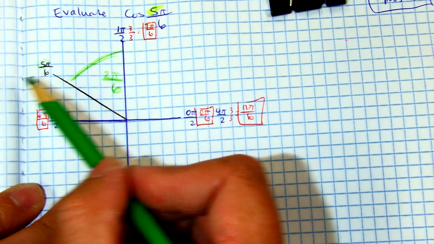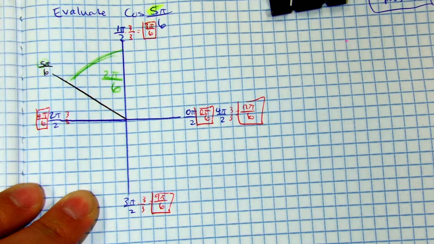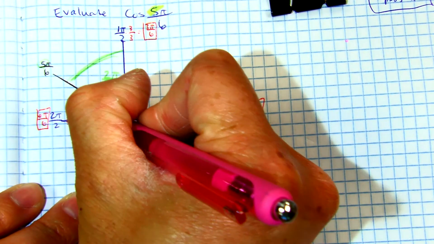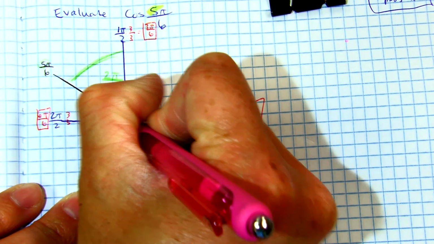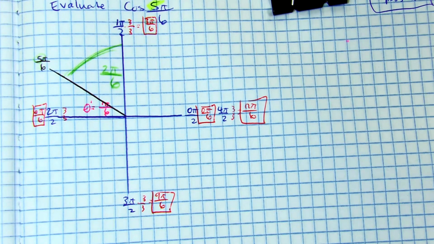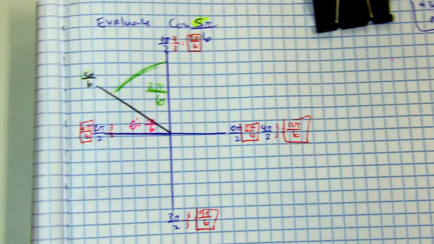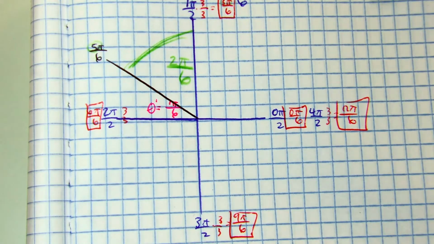Well, what's the distance from 5 to 6? It's just 1π over 6. The reference angle, theta prime, equals 1π over 6. Raise your hand if you got that. Okay, that was Tuesday's lesson. Now, evaluating was yesterday's lesson.